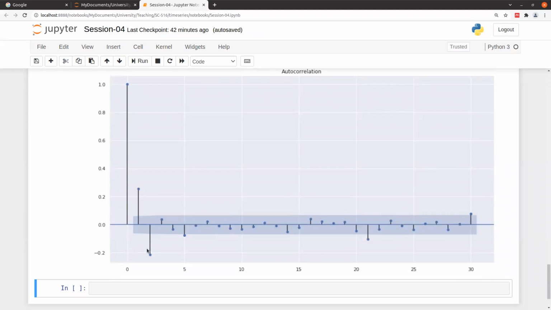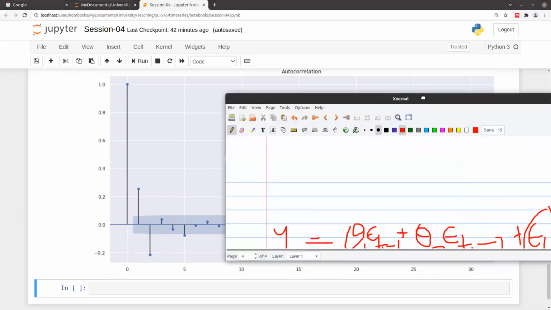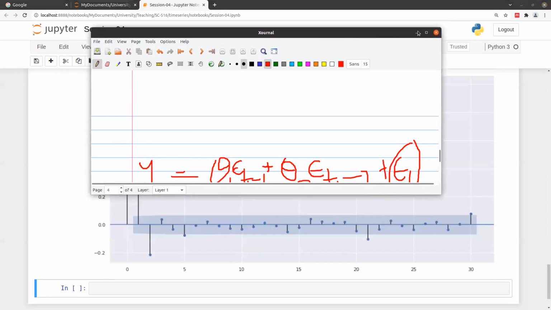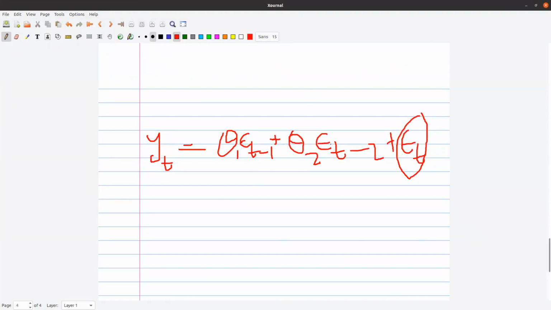Then you can actually simulate the MA3 process as well; you have to do a similar thing. The only thing you have to do is, in your equation, instead of these two, add one more error component like this.